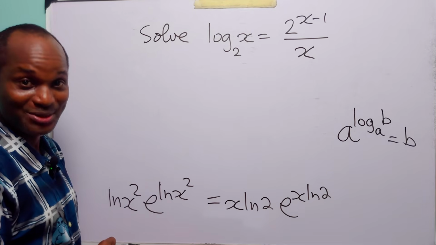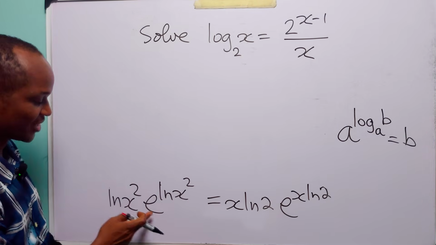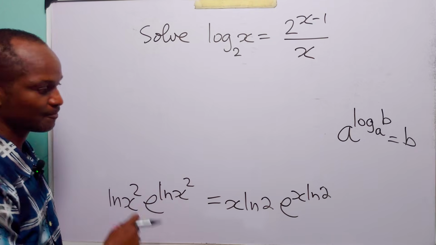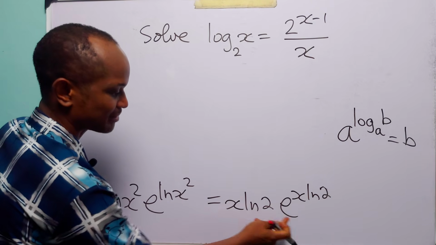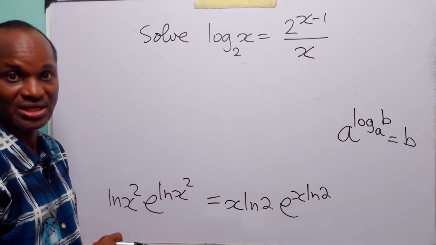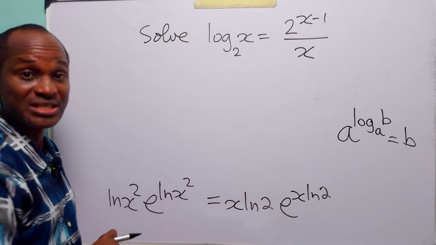Now, you can see that on both sides of this equation, what we have as the multiplier of e is the same thing that we have as the exponent of e. So we can apply the Lambert W function to both sides of this equation.